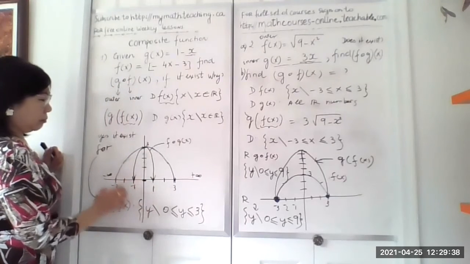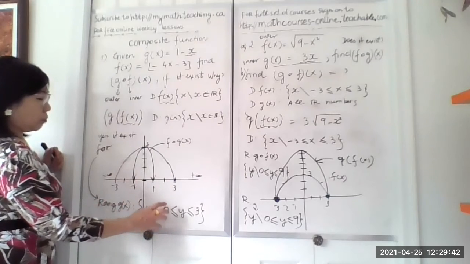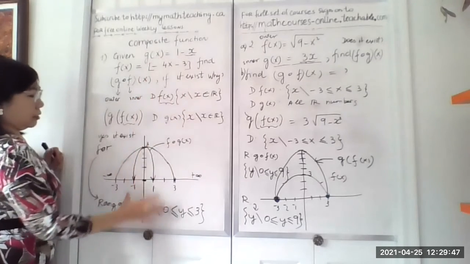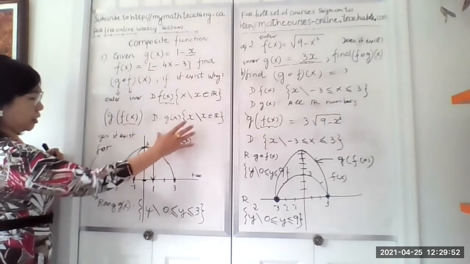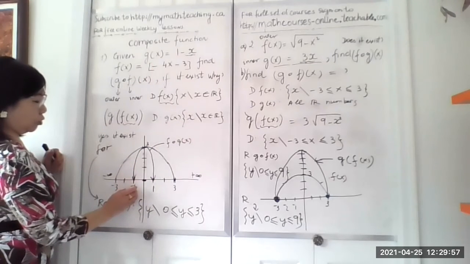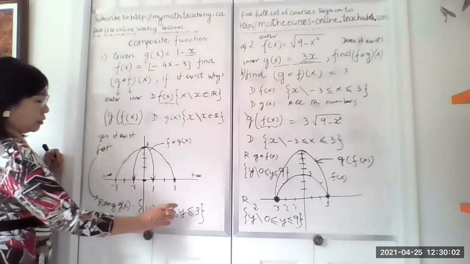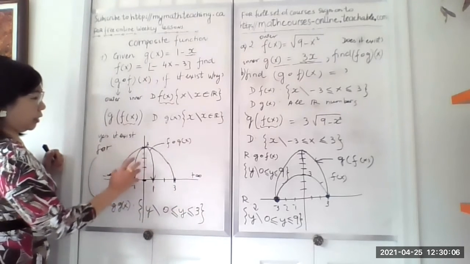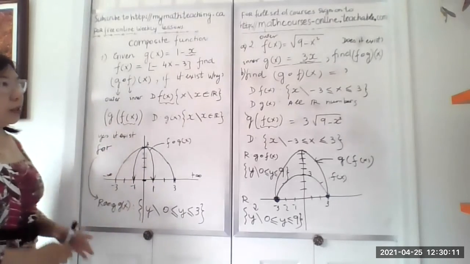So it can be done, but it exists only if we restrict the domain and the range of the function g of x within the domain and range we stated here. The domain has to be between -1 and 1, and the range has to be 0 less than equal y less than equal 3. Then we can create the composite function in this situation.